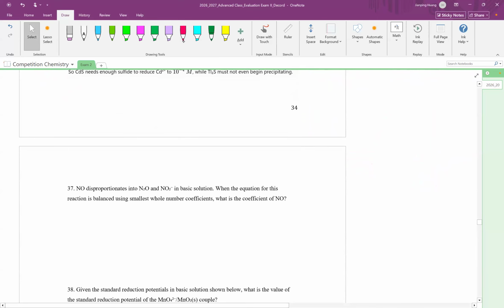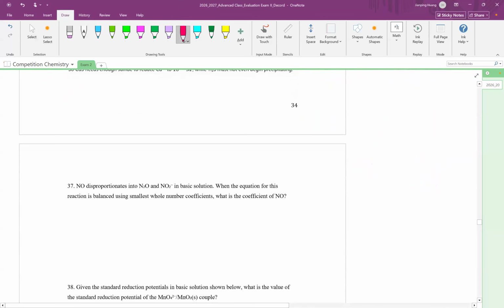Yeah. Now this one, of course, this question is so easy. The first thing you need to write is the disproportionation in the basic condition. You get the NO2 minus. Let's do the balance. Plus 2, plus 1.